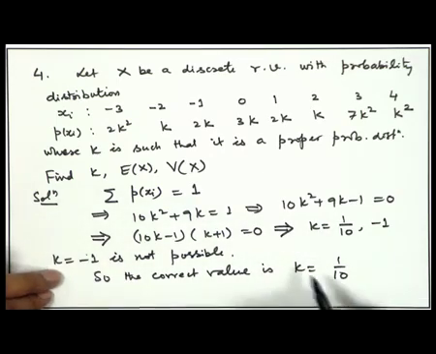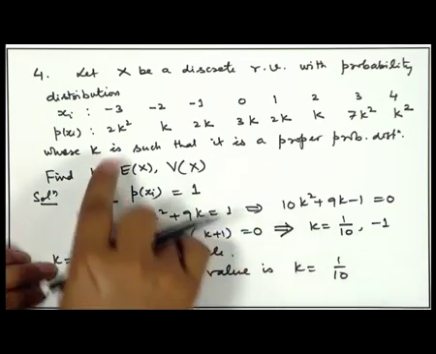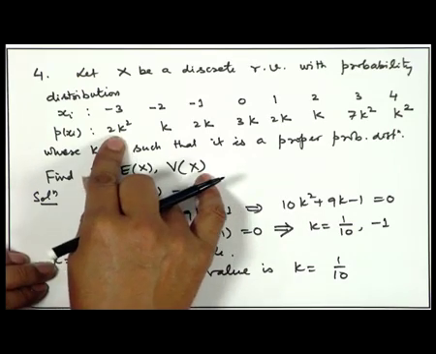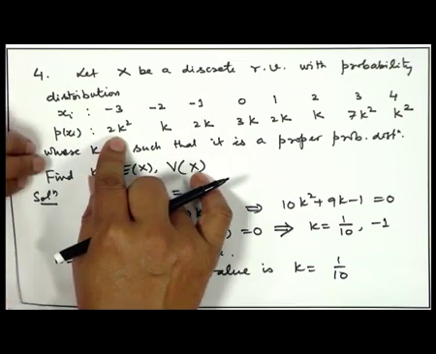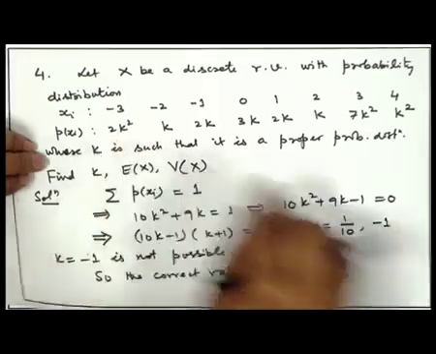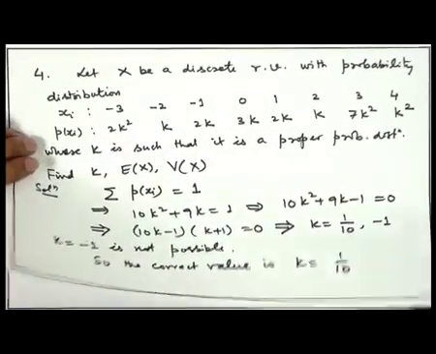So, if you have k equal to 1/10, then you substitute the values here, you will get the proper distribution of x. So, what are the probabilities?